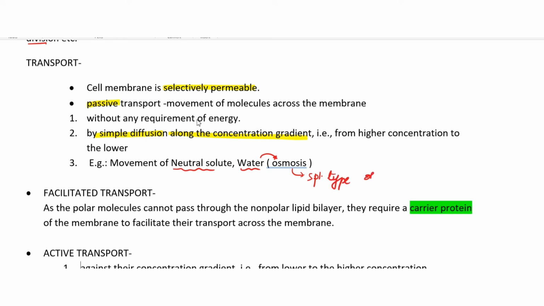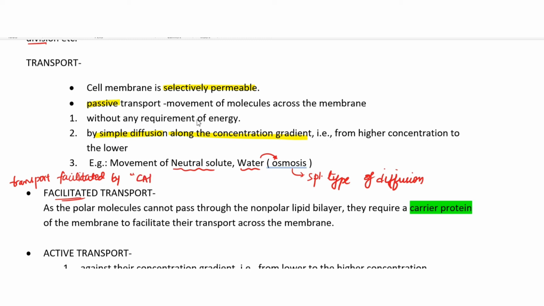Apart from passive transport, we have facilitated transport. As the name suggests, it is facilitated by a carrier protein. Some of the polar molecules cannot pass through the non-polar lipid bilayer. We know that the lipid bilayer is composed of the head and the tail.